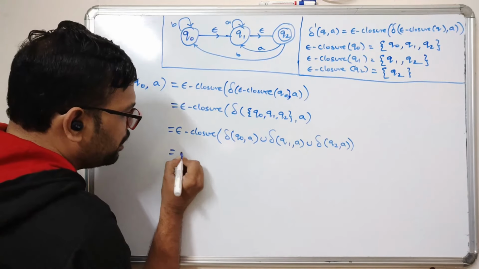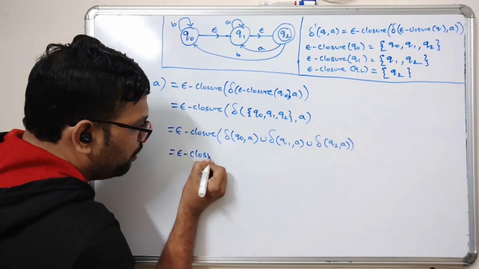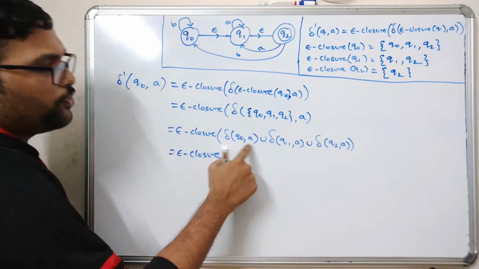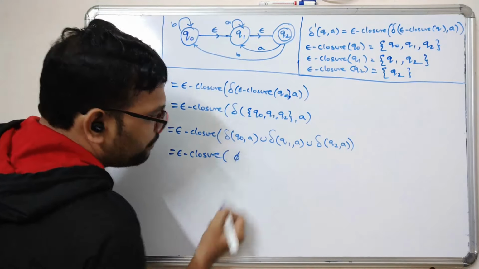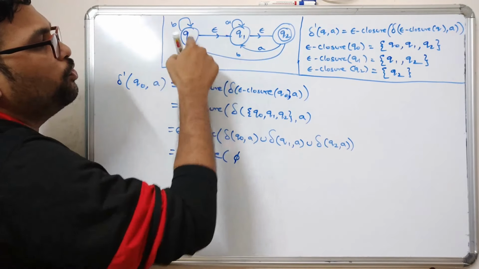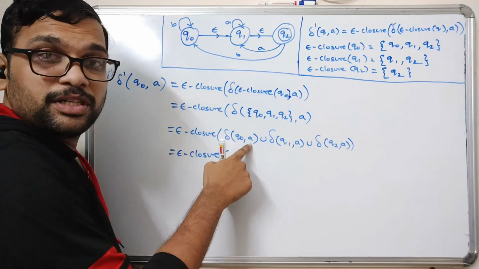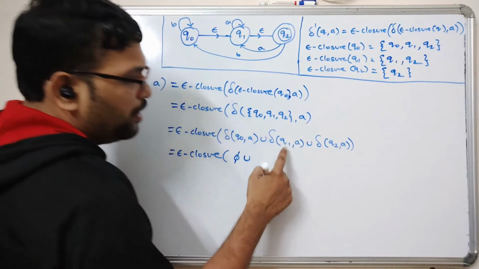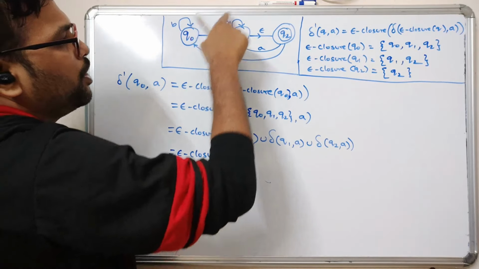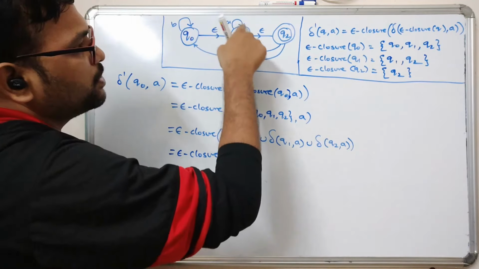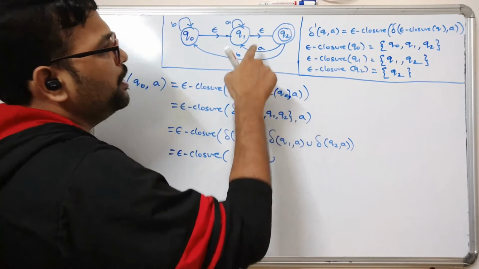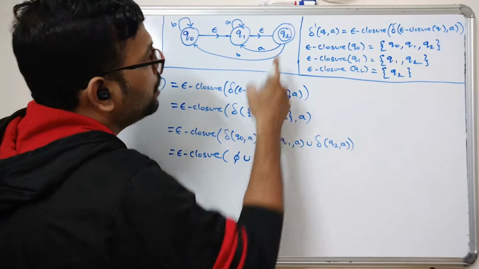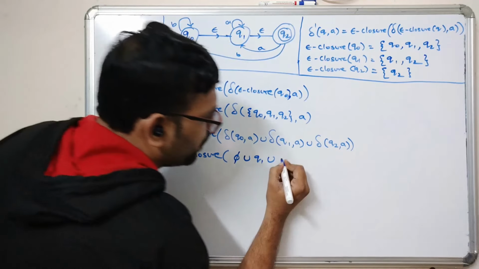Now just write down here. Epsilon closure of delta of q0 on a: there is no move, so that is phi. There is no move on input symbol a. Union delta of q1 on a: there is a self transition, so q1. Union q2 on a: again it is q1.